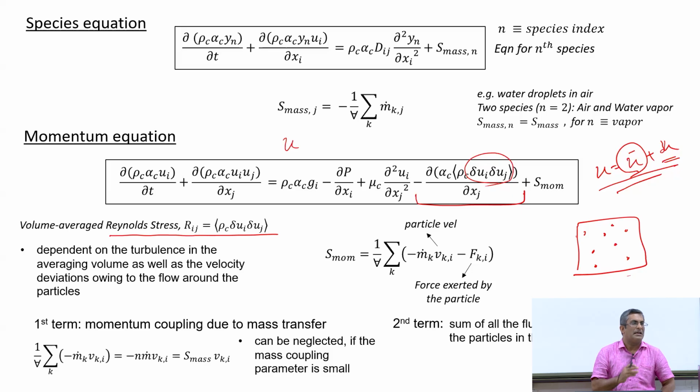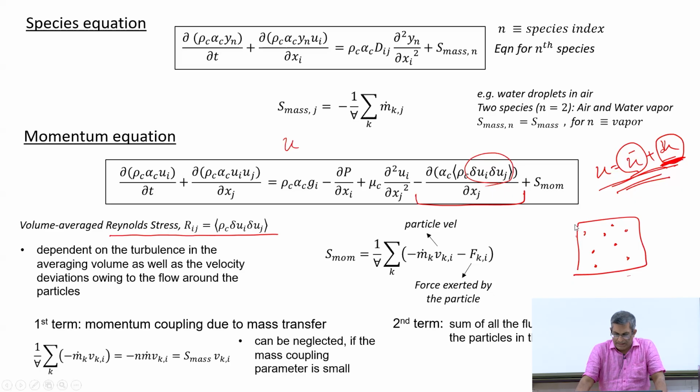Imagine these particles are generating vortex shedding. Vortex shedding happens past all the particles. So that causes non-uniformity in your flow. And when you do this decomposition, you have this term present because of that. And obviously, if the flow field itself is turbulent, then this term will always be present.